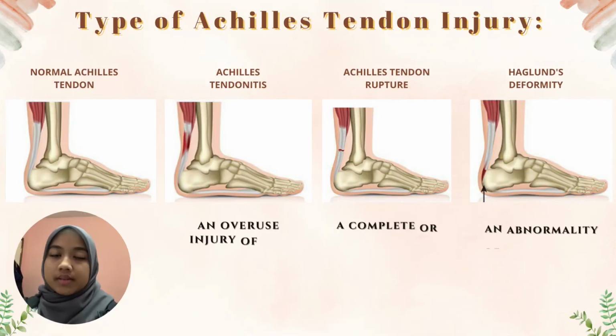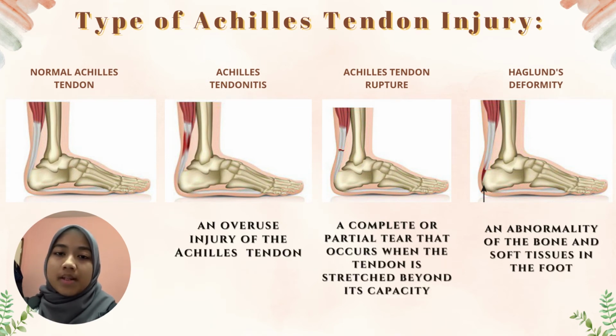Moving on to the next slide, which shows there are many types of injury that can happen to our Achilles tendon. For example, the second picture shows Achilles tendonitis, which is an overuse injury of the Achilles tendon. The next picture is an Achilles tendon rupture, which is a complete or partial tear that can happen when the tendon is stretched beyond its capacity.